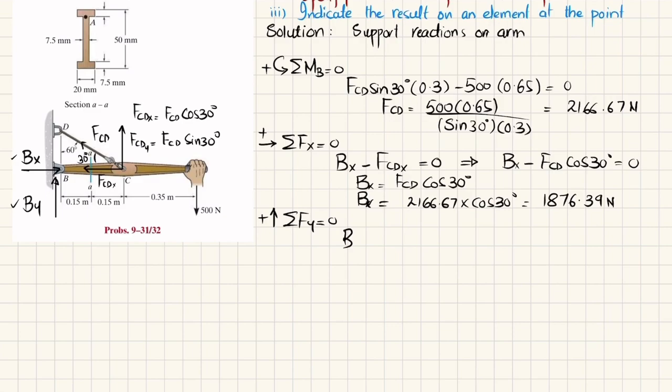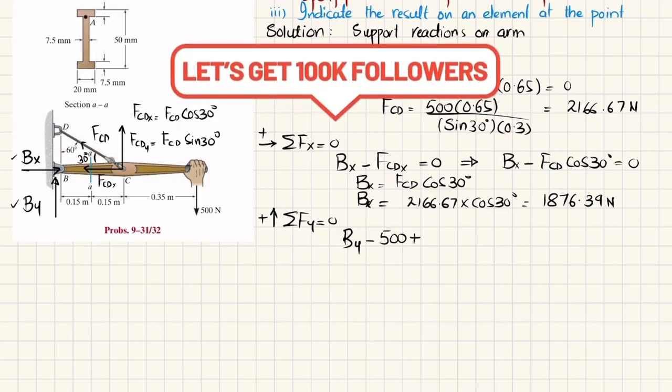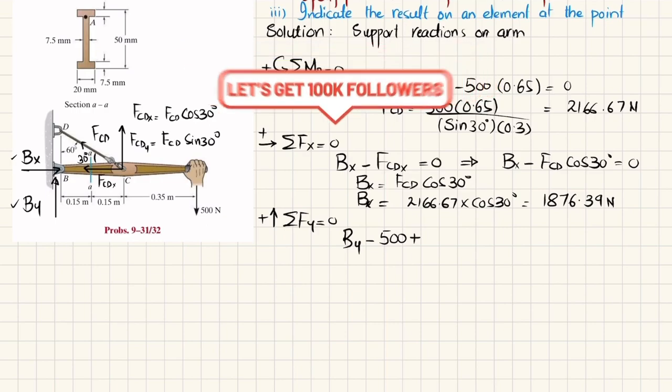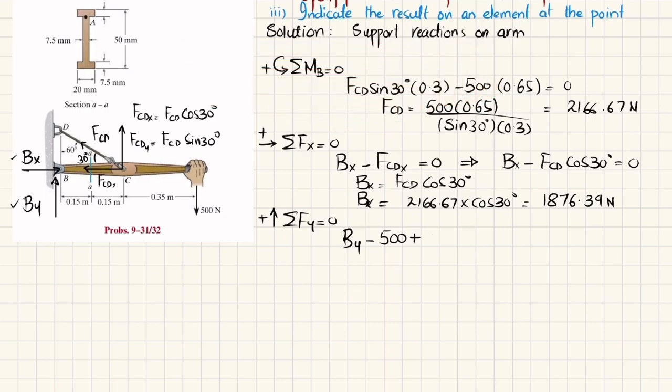So By minus 500 plus FCD y component, which is 2166.67 times sine of 30 degrees, is equal to 0.